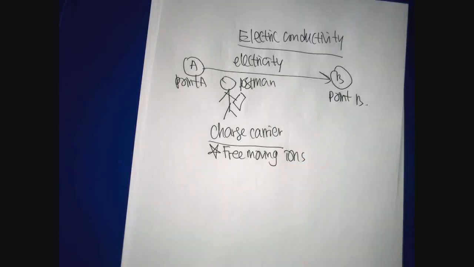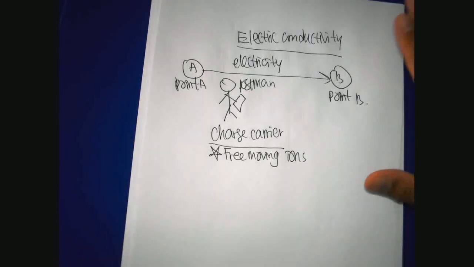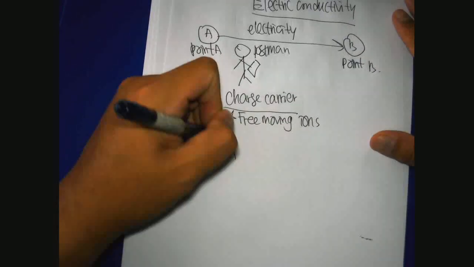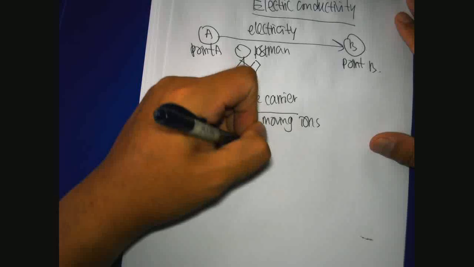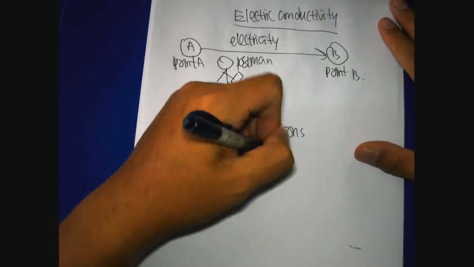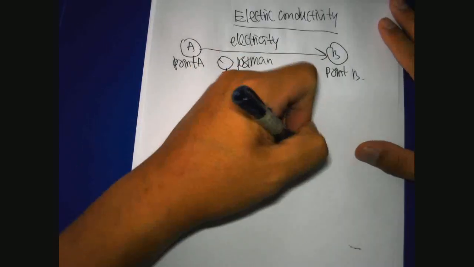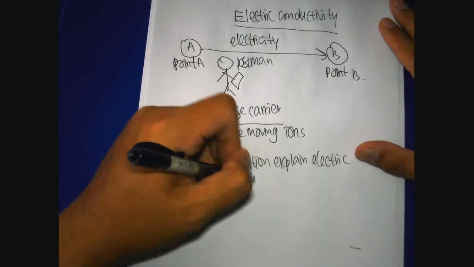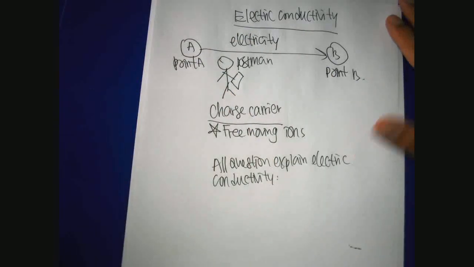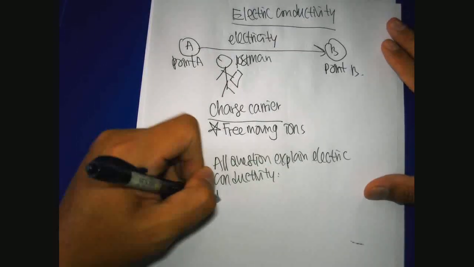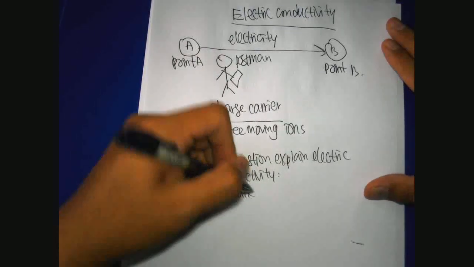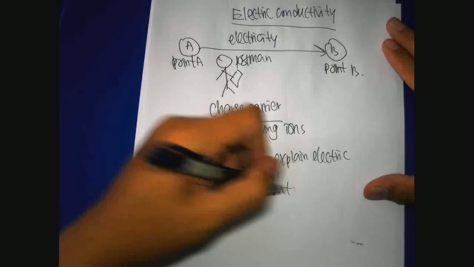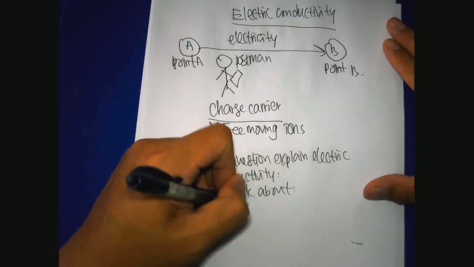So all the questions that ask us to explain electric conductivity, the strategy is that we must talk about free moving ions. Simple as that.